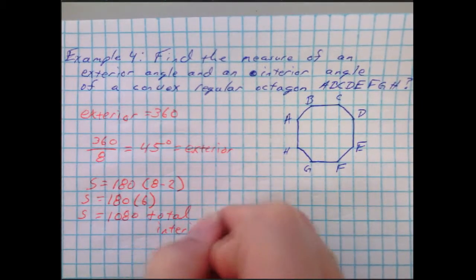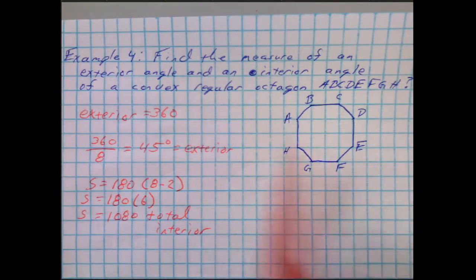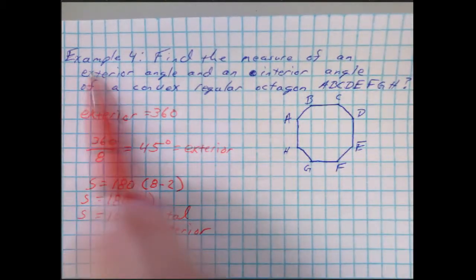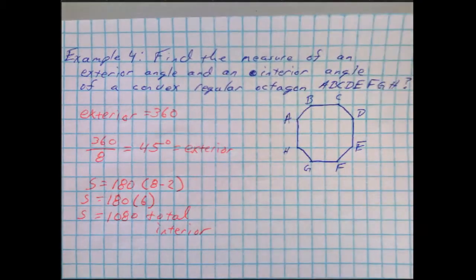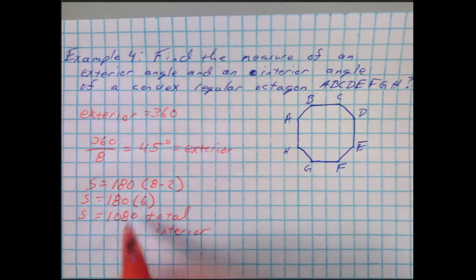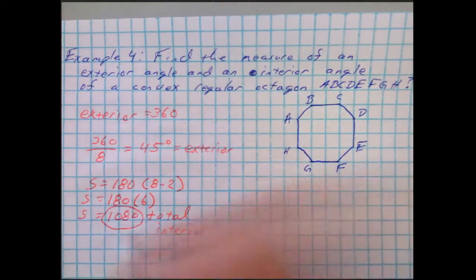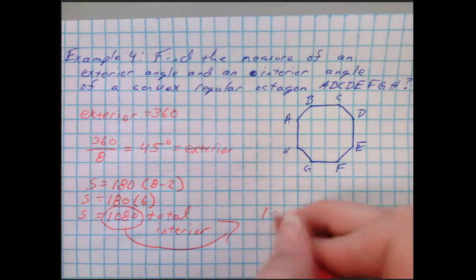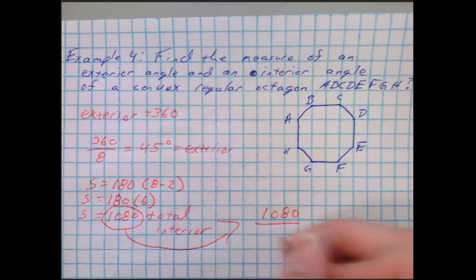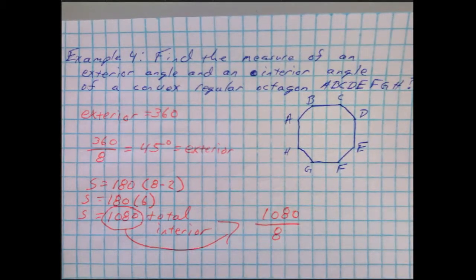interior. But I don't want the total, it just says find the measure of an exterior and an interior. That means 1. So we're going to take this total, 1080, and divide by the number of angles, which is 8.